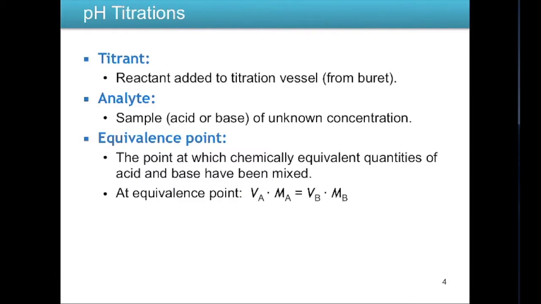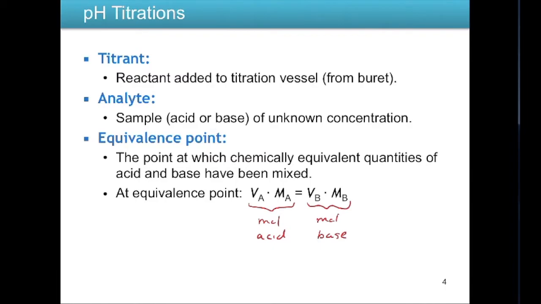In the equation at the bottom, a volume of acid times a concentration of acid, moles per liter times liter, gives moles of acid, and that has to equal the moles of base that are added to the flask.